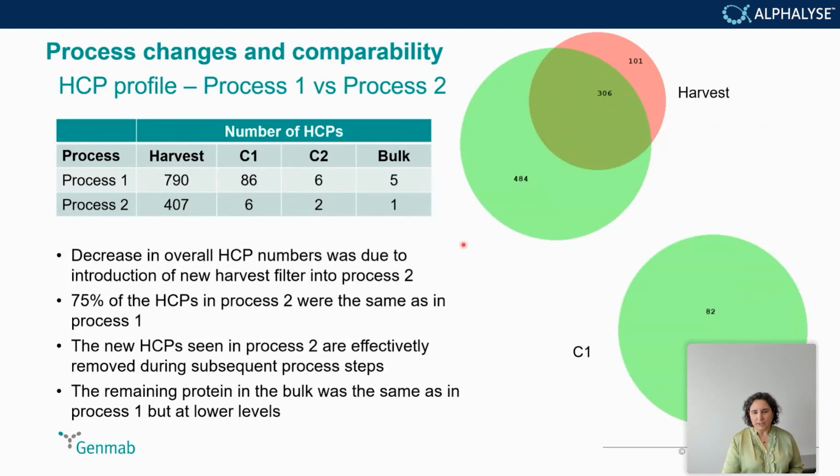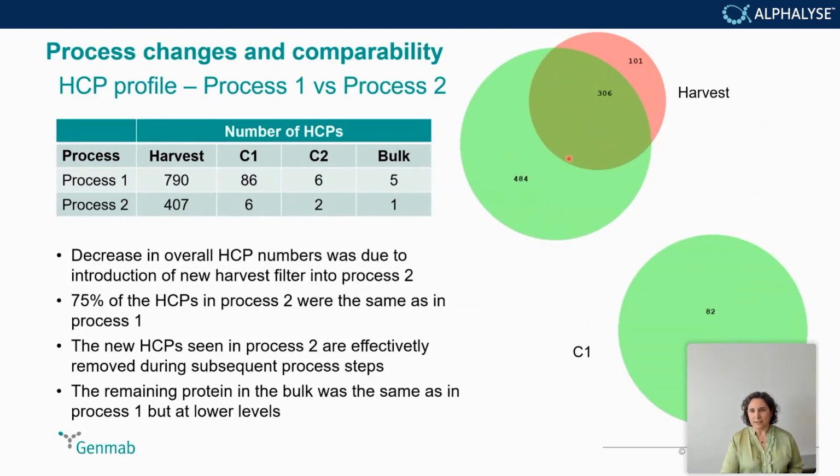And when we compare the type of HCPs that were in harvest, we could see that most of the HCPs, around 75%, were the same HCPs in both processes.